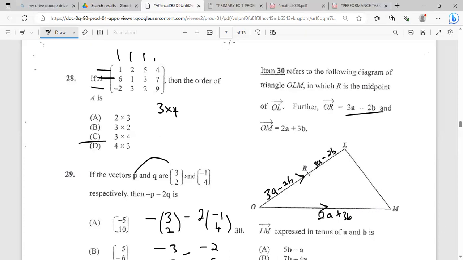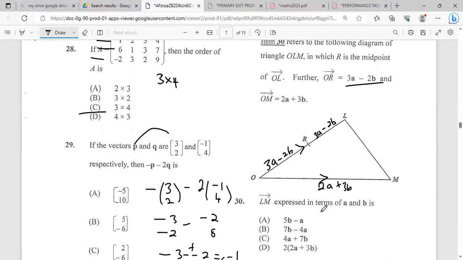All right, so they want to find LM. So from L to M, and we know vector work, guys, right? We do not go directly. So we're gonna go LO, and the letter order is very important, plus from O to M. Now to get from LO, we're going against the arrow, basically.